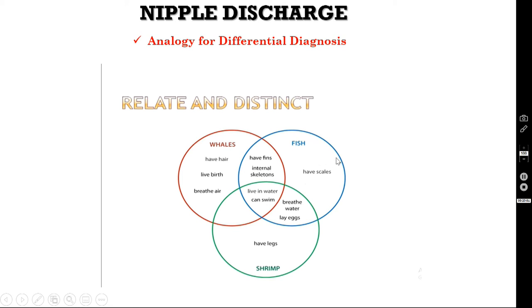The telltale evidence, or the hallmark sign, for a fish is that fish have scales, because both whales and shrimps do not have scales. Only fish can have scales. So like that, if something is there particularly, then we have to make that diagnosis.